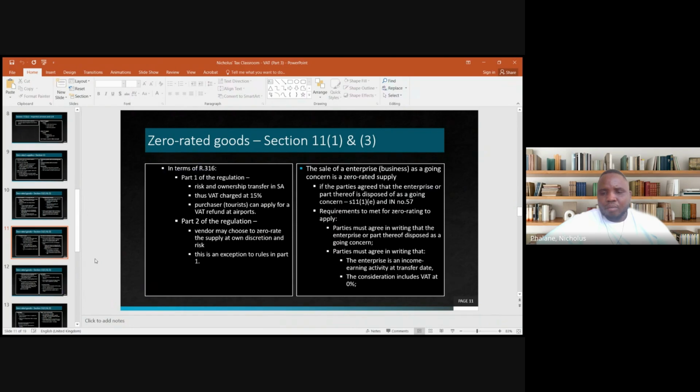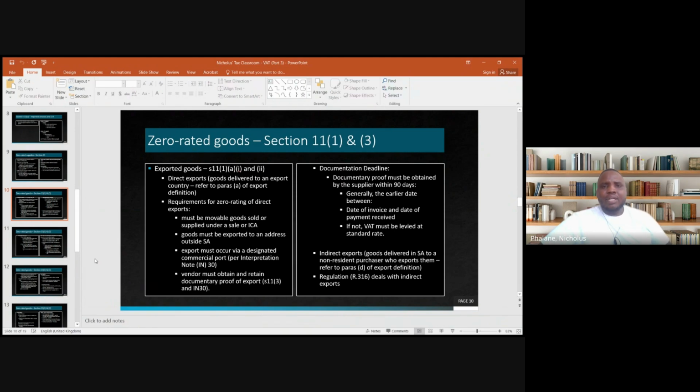Are they transferring an income earning activity? That business that they are selling, is it an income earning activity at the date of transfer? We are not saying at a later date, at the date of transfer, right? So at the date of sale, we need to know if it is an income earning activity. If not, then unfortunately, that transaction cannot be zero rated.